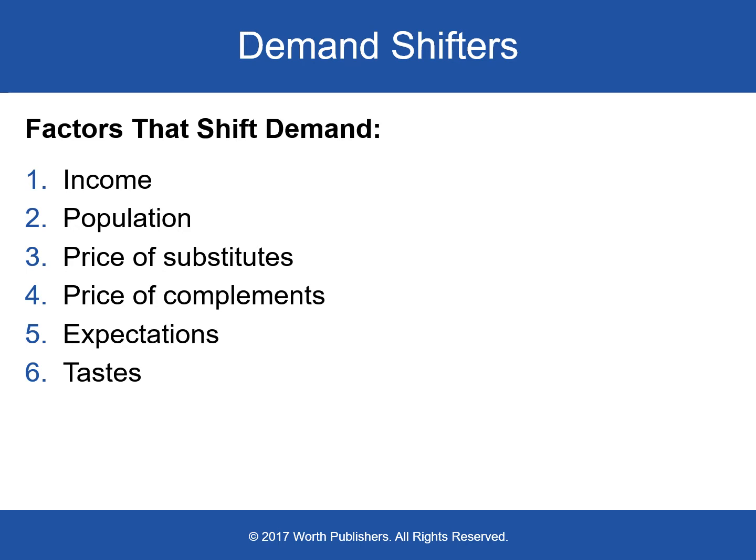A little more complicated, the price we're willing to pay for a good depends sometimes on the price of related goods. So if you have two goods that are substitutes for each other, you can use one thing or the other, then you can have a shift in demand for what we'll call the primary good if there's something happening to the price of the substitute good, or think of it as the competing good.